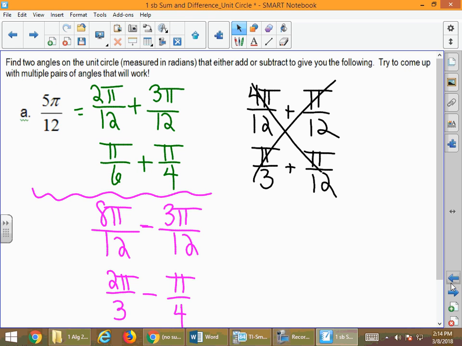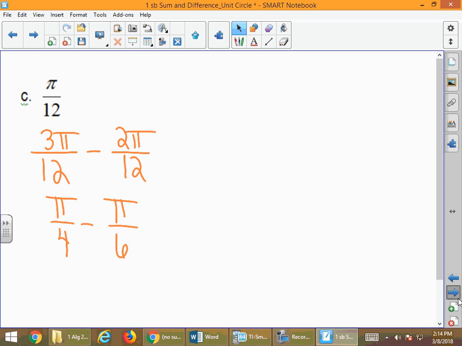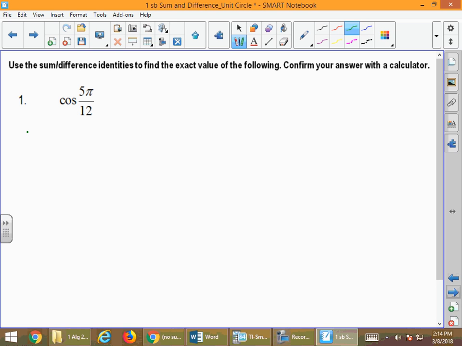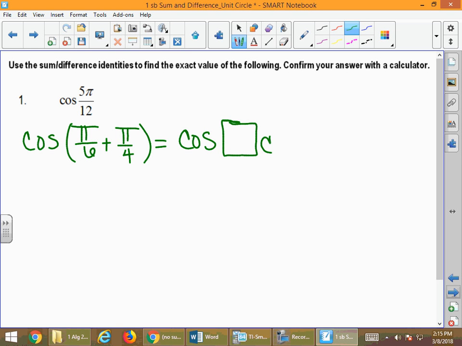As I look back here, the first value that we did for 5 pi over 12 was pi over 6 plus pi over 4. So let's use pi over 6 plus pi over 4 when we write this. It's cosine of pi over 6 plus pi over 4. And we're going to fill these values back into our identity. As you look at the pink sheet, this is going to be cosine of some value times cosine of the other value.